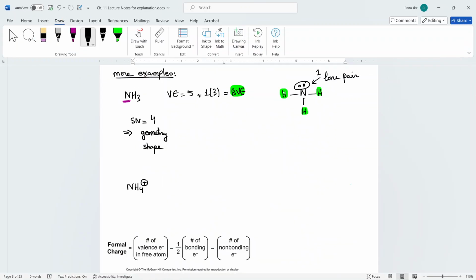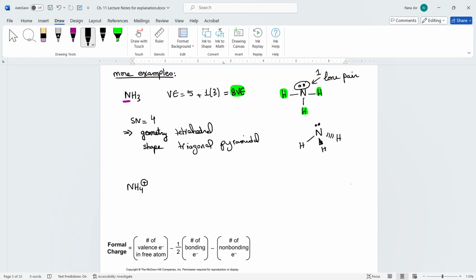So I know that the geometry is going to be tetrahedral, and the shape is going to be trigonal pyramidal. And when you want to draw the trigonal pyramidal, you always put your central atom, and then you have one atom which is in plane. Here I'm just going to make any of the hydrogens in plane. The other one is going to be in front, and the other one is going to be behind.